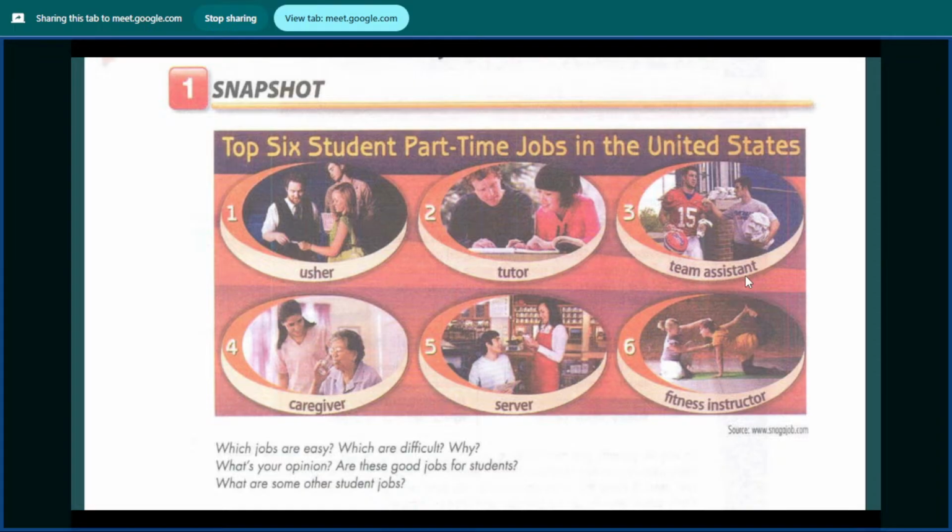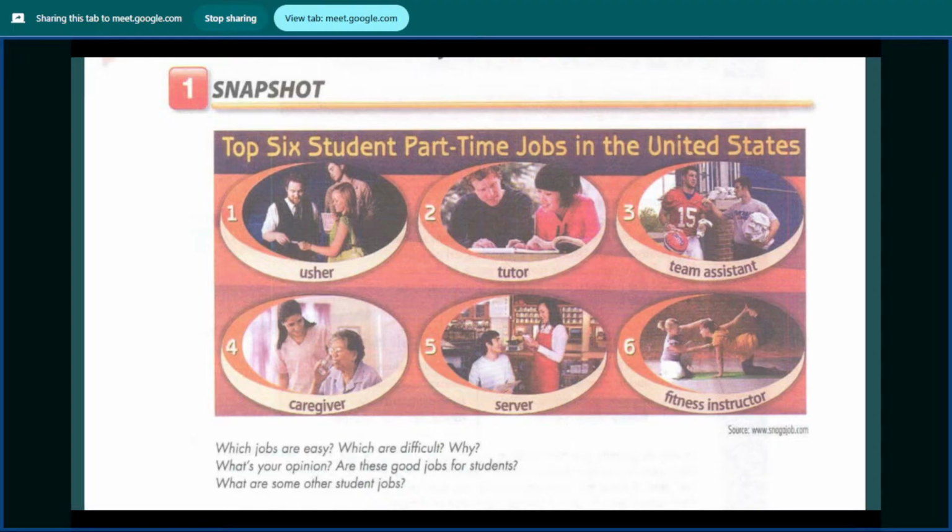Usher, tutor, team assistant. Very good. This job is usher. Next, Sampada. Caregiver, server, fitness instructor. Very good.